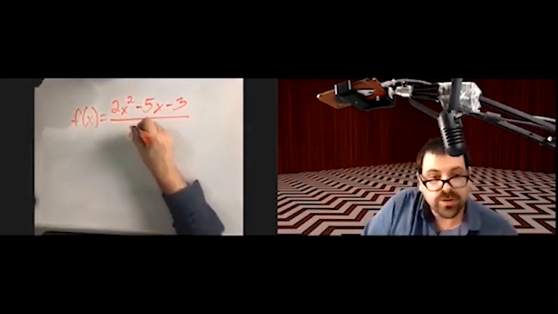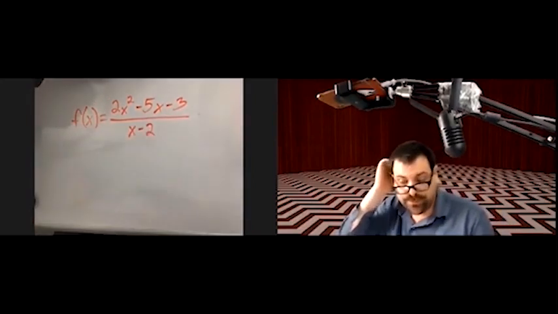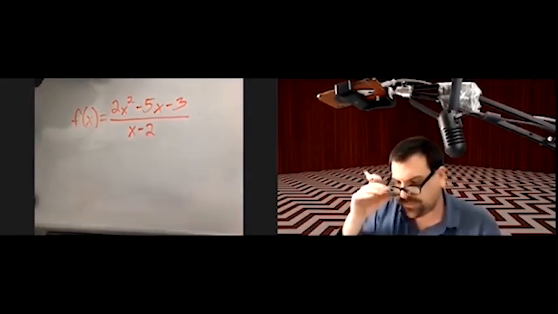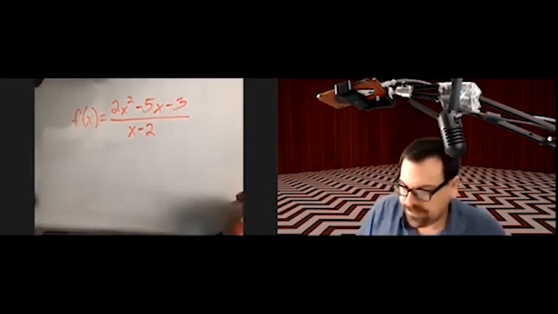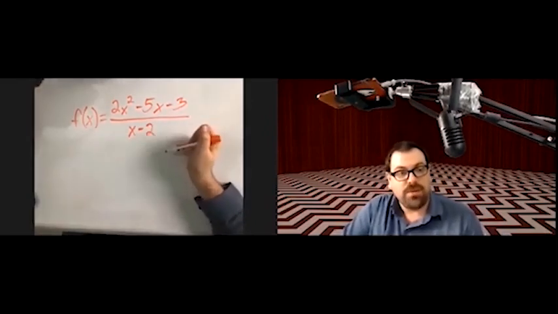This is all over x minus 2. Horizontal asymptote, none. Degree of the top is greater than degree of the bottom.